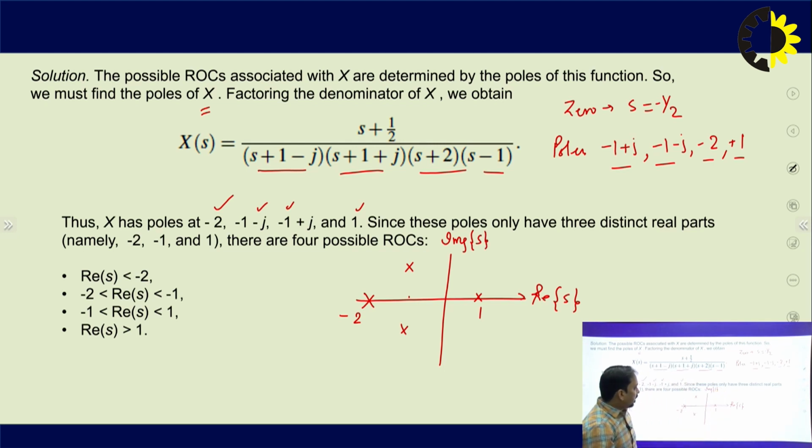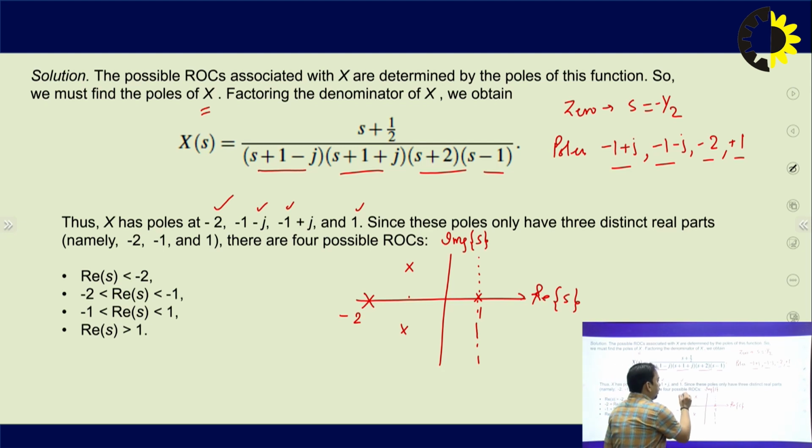Now we can clearly see what all possible cases for ROC we have. First is when the ROC is to the right of the rightmost pole. As per the property we have seen, if the ROC is to the right of the rightmost pole, the signal will be right sided.